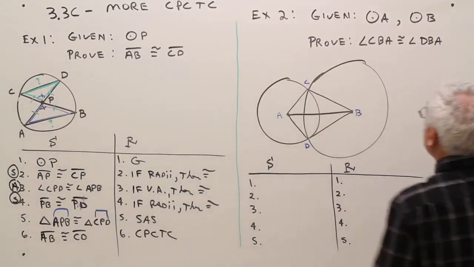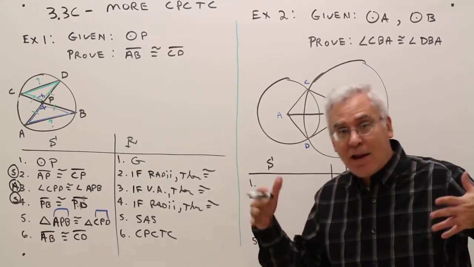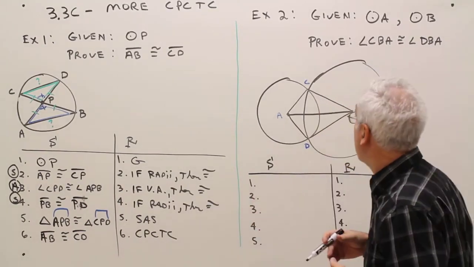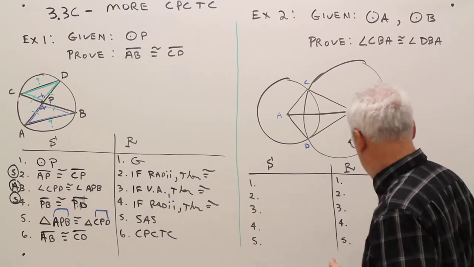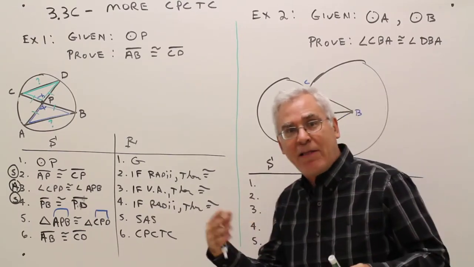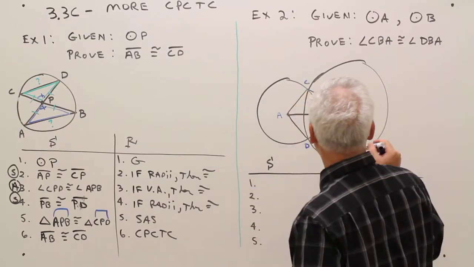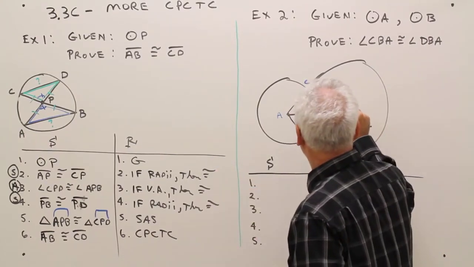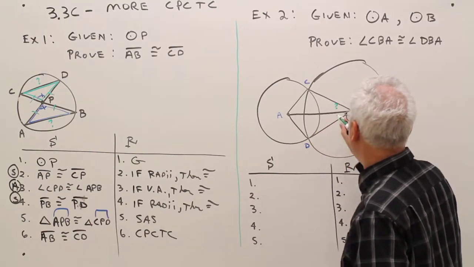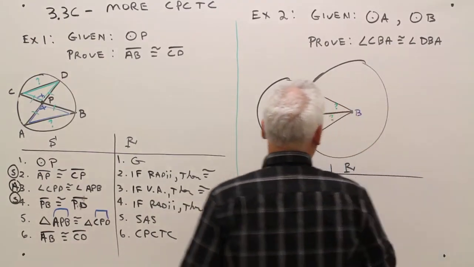Example 2, given circles A and B, again I'll be thinking of some radii being congruent. Prove that angles CBA, and again I like to put question marks right at the get-go so I can get my thought process. CBA is this angle, congruent to DBA, that's that angle.